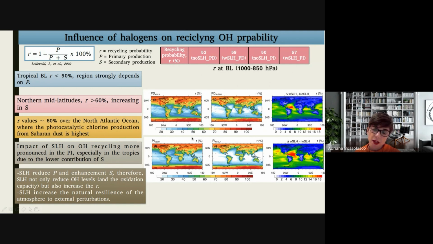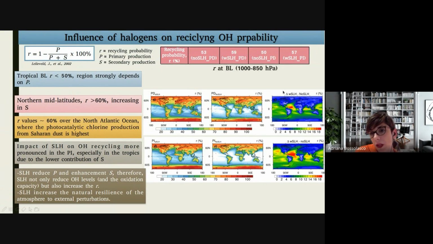And looking at the geographical distribution of this recycling probability, it is observed that the lower values are in the tropical regions, where OH is highly dependent on its primary production, and the values reach or are higher than 60% in the northern mid-latitudes.